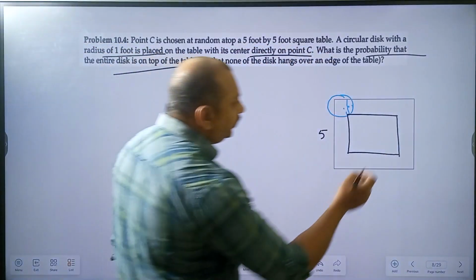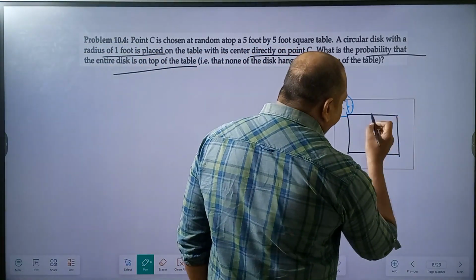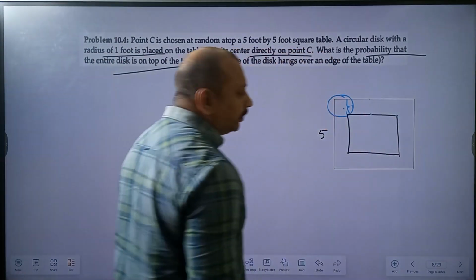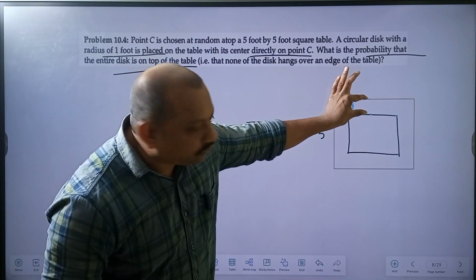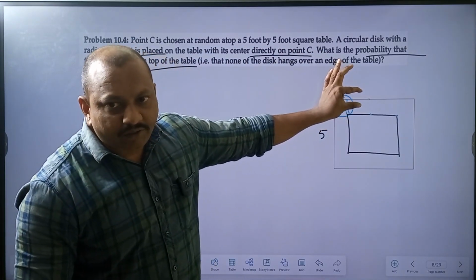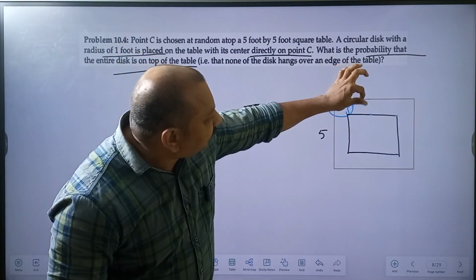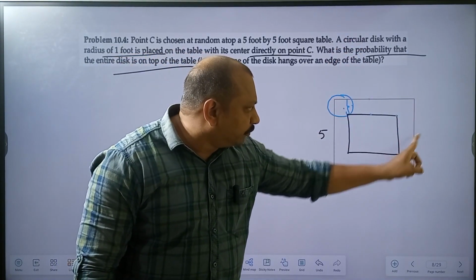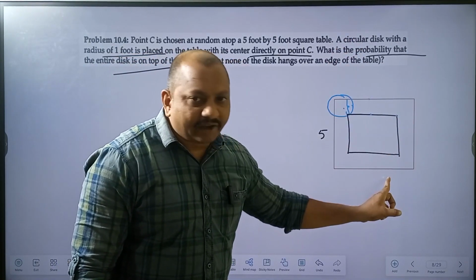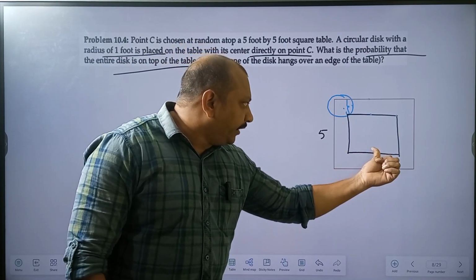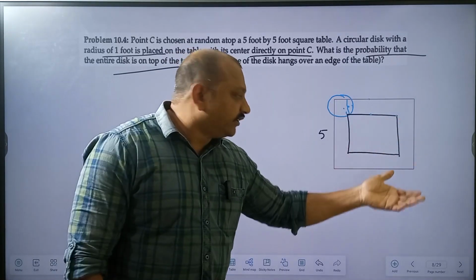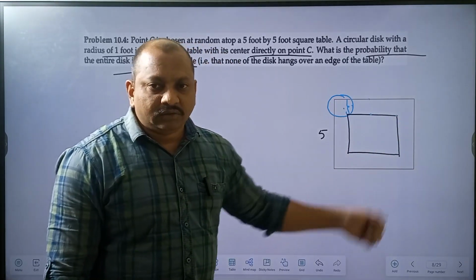If you draw a circle over here, it will be tangent to this line, because the corresponding length is equal to 1. Go a little higher and the circle goes outside. The circle taken here goes outside, and here also goes outside. If the point is selected anywhere inside, the circle is definitely inside the square.